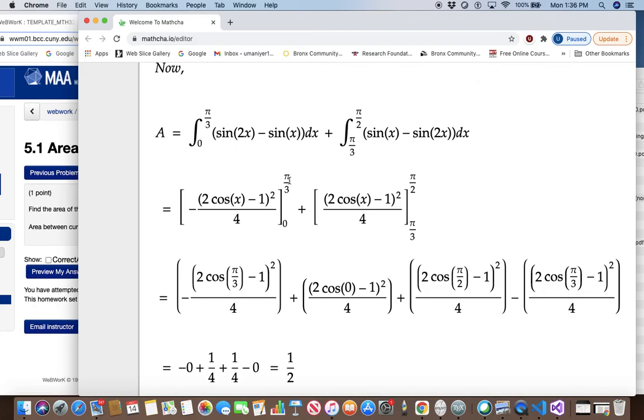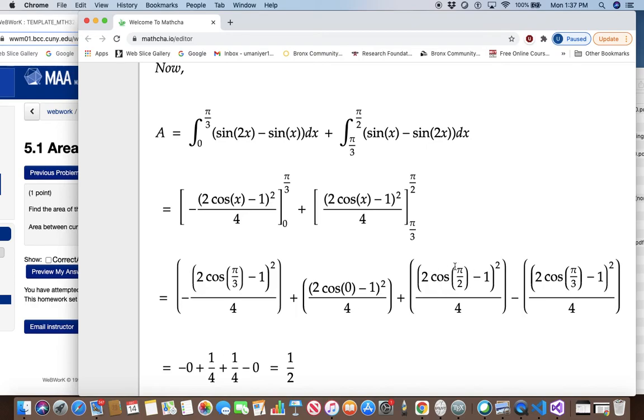Remember, cosine of pi by 3 is half. 2 times half is 1, minus 1 is 0. So this expression gives me 0. At limit 0, cosine of 0 is 1, so 2 minus 1 is 1, squared is 1, which gives me 1 over 4.